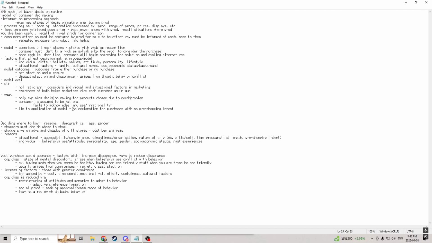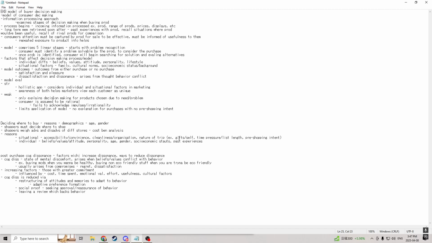Now, in terms of deciding where to buy from, there's reasons, demographics, age, gender, so on. So, shoppers don't only decide what to shop for, but also where to shop for those things. The shopper has to weigh advantages and disadvantages of different stores, sort of a cost-benefit analysis. The reasons they'll take into account are situational: accessibility/convenience, cleanliness/organization, the nature of the trip.